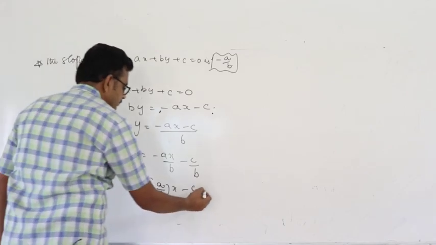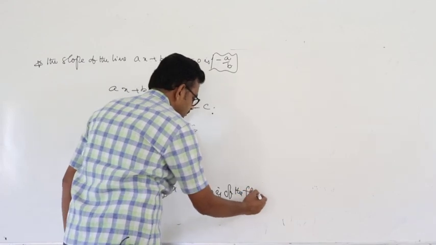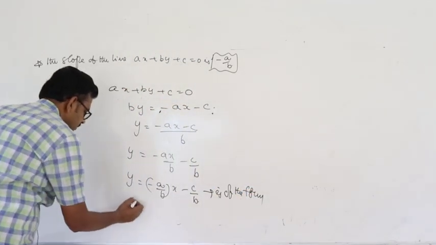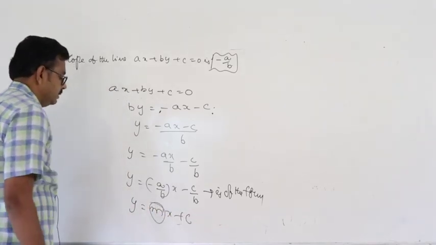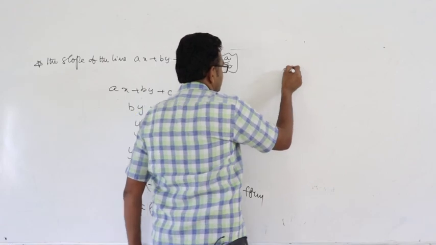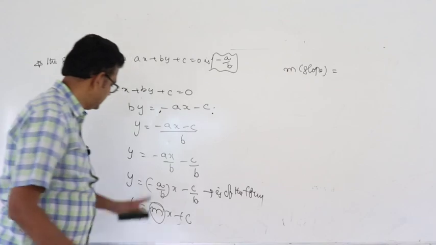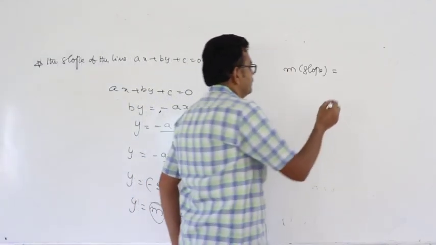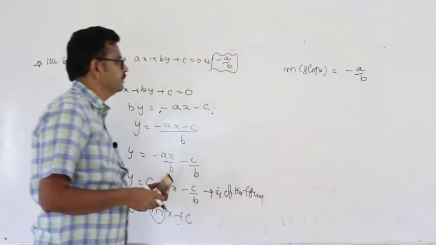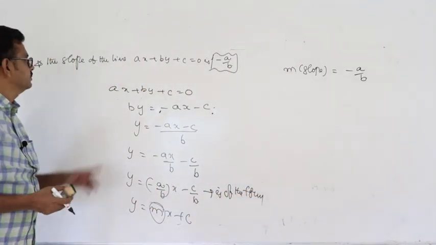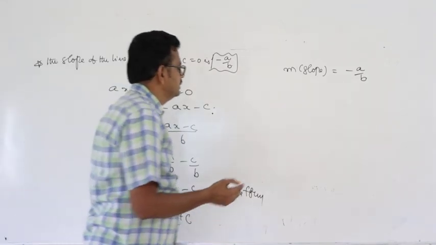Okay, this is of the form y is equal to mx plus c, where m is slope. Therefore, m, that is slope, is equal to minus a by b. So, the slope of the line ax plus by plus c equal to 0 is minus a by b.